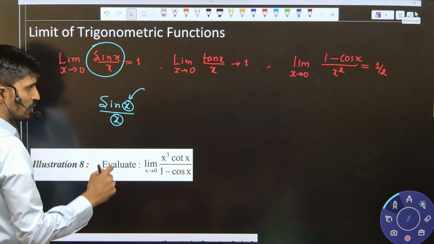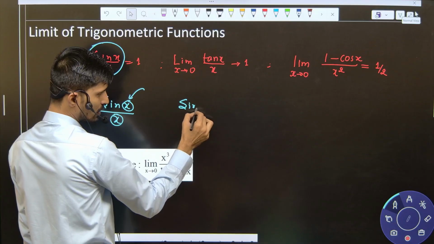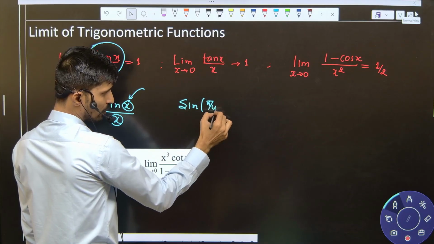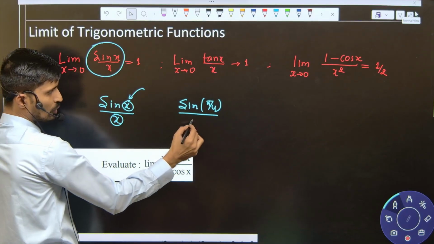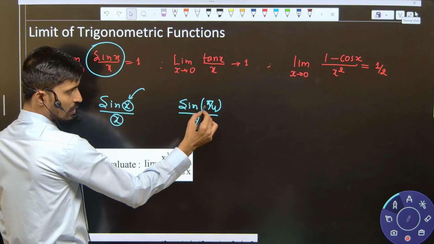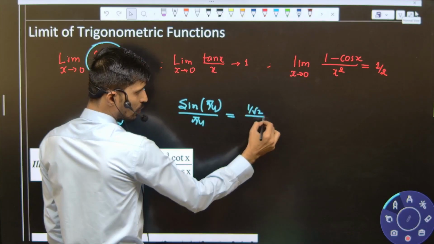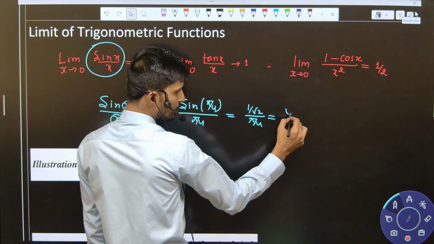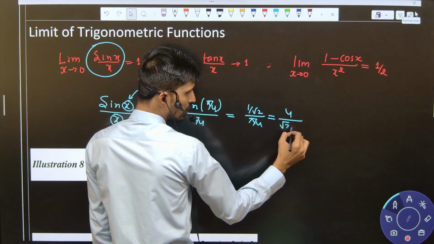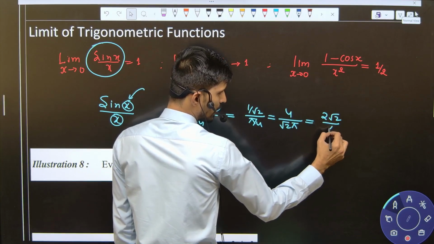Let's give some input angle. 45 degree, it means pi by 4. Sin pi by 4 upon pi by 4, because x is pi by 4. So what will be sin pi by 4? 1 by root 2 upon pi by 4. And what will this become? 4 by root 2 pi. It will become 2 root 2 by pi.